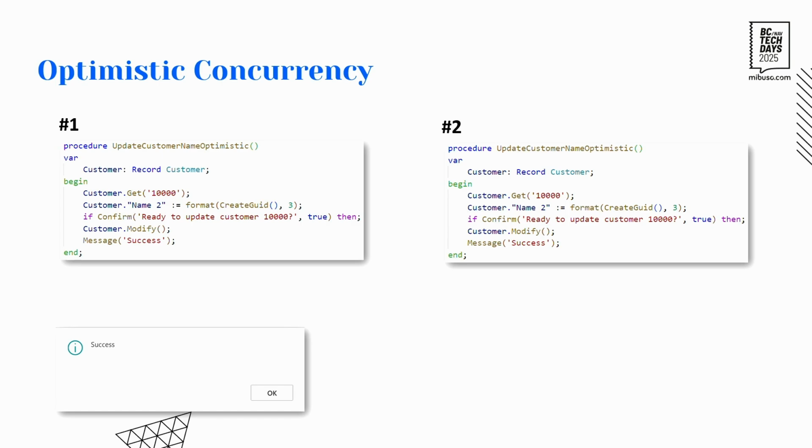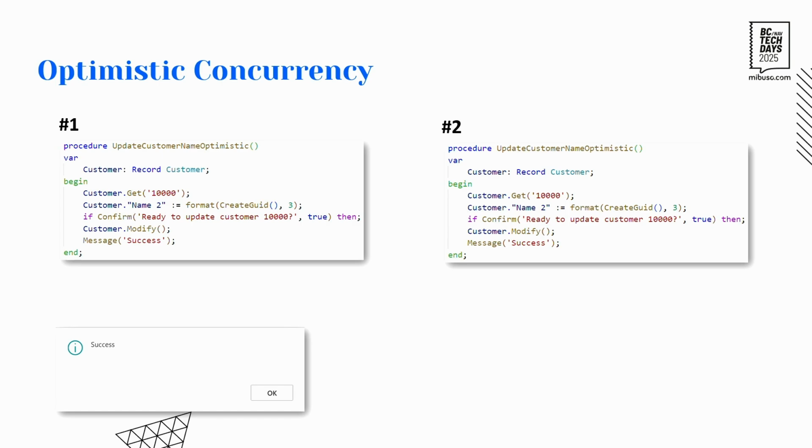So if you read the code there, it's the same code in both blocks. So we read a customer, change the name, and then we wait, just to let the other start. And then we modify the customer, and then we are done here, right?